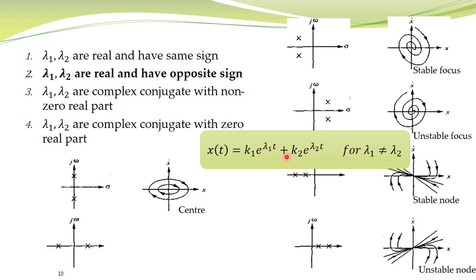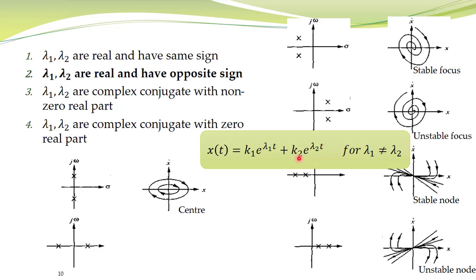There is one exception. These k1 and k2 are determined from initial condition. There will be one set of initial conditions for which k2 will be 0. The constant associated with growing exponential will be 0.